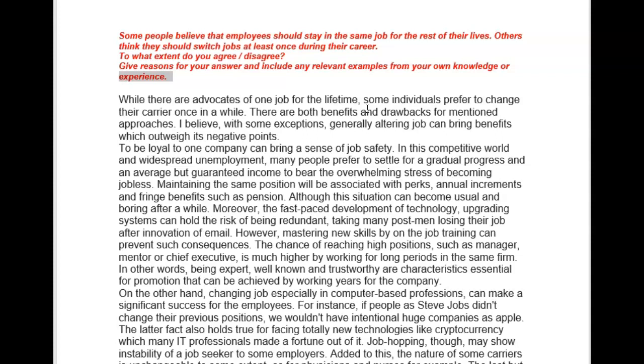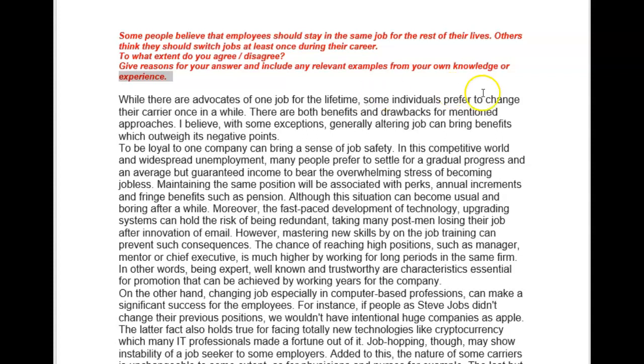"To be loyal to one company can bring a sense of job safety. In this competitive world and widespread unemployment, many people prefer to settle for a gradual progress and an average but guaranteed income to bear the overwhelming stress of becoming jobless." That's lovely. That's a really nice sentence. "Maintaining the same position will be associated with perks, annual increments, and fringe benefits such as pension. Although this situation can become usual and boring after a while."